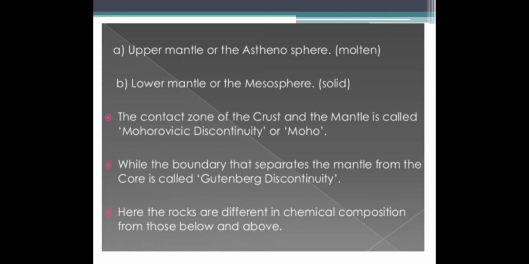So you should only remember where the crust finishes and the mantle begins, that is called the Mohorovicic discontinuity or MOHO, and the boundary that separates the mantle from the core is called the Gutenberg discontinuity. Here the rocks are different in chemical composition from those below and above.